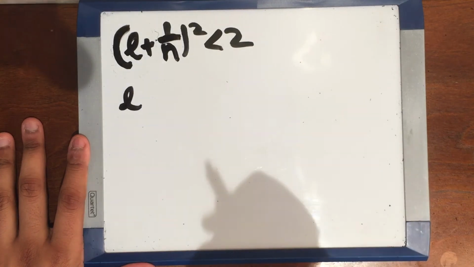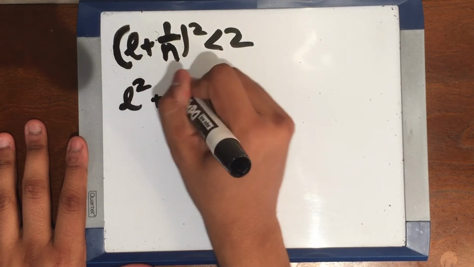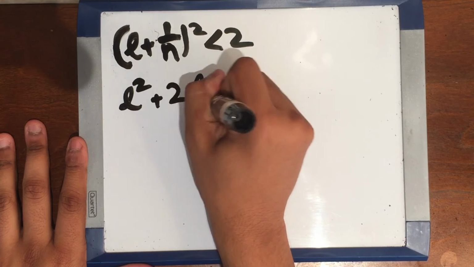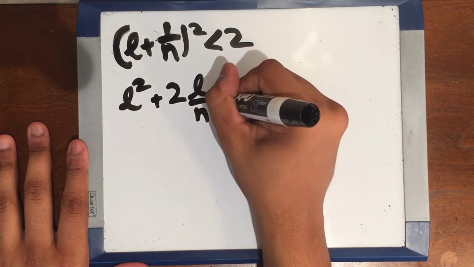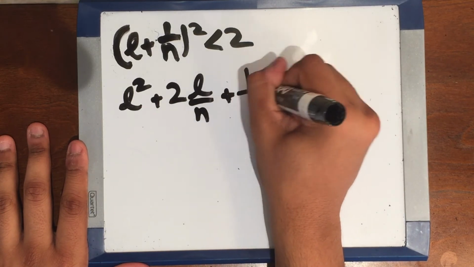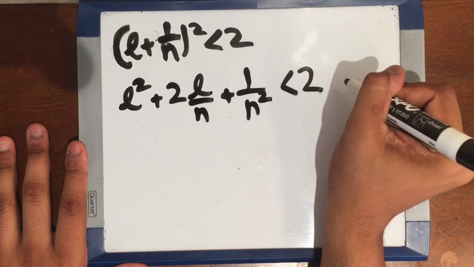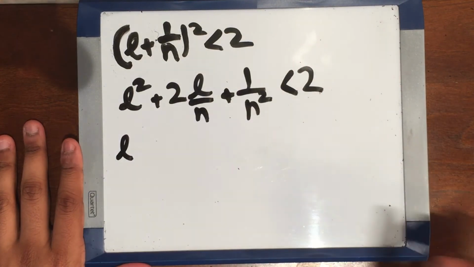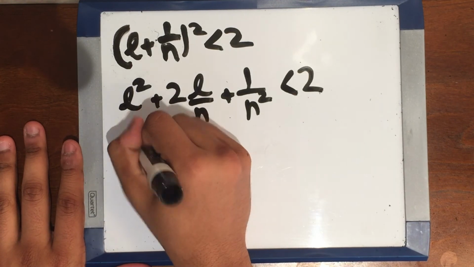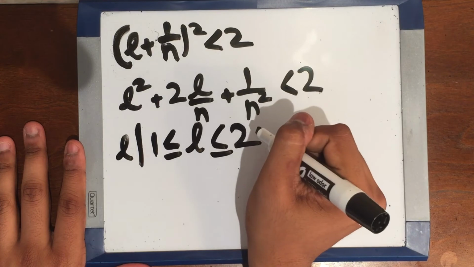L squared plus 2L over n plus 1 over n squared is less than 2. And now because our L was between 1 and 2, right?